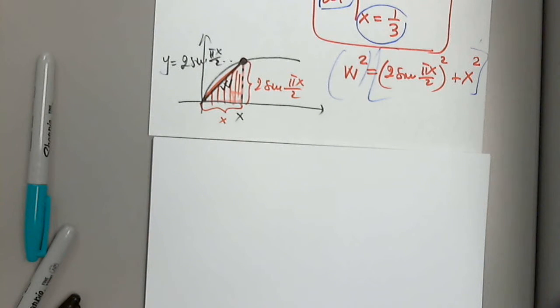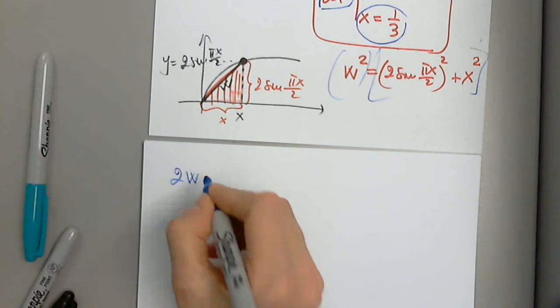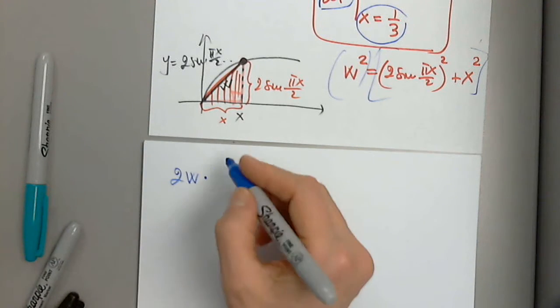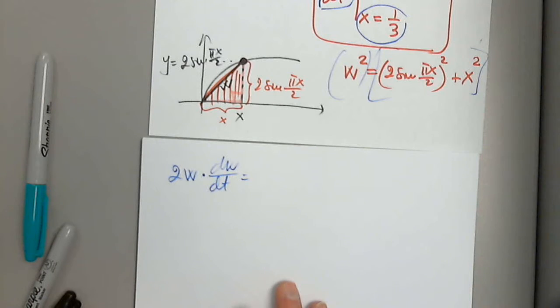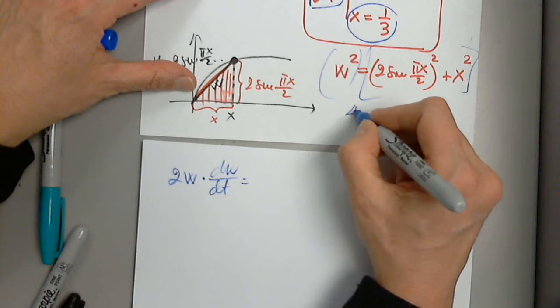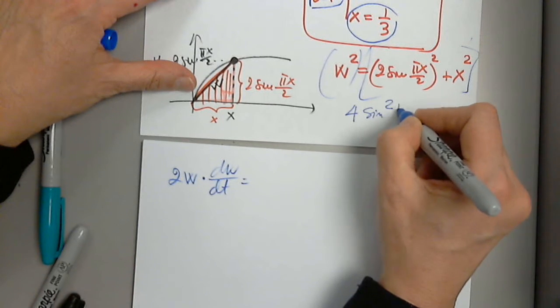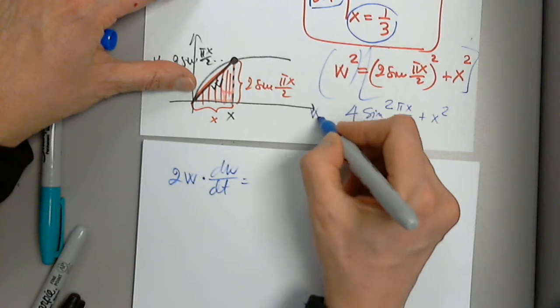Remember, W and X are functions of time. So the left-hand side, 2W times dw over dt. The right-hand side, we can simplify it a little bit and just write 4 sine squared pi x over 2 plus x squared.